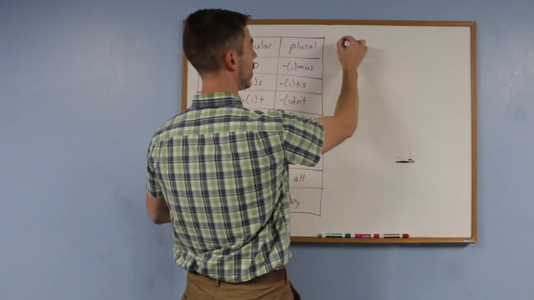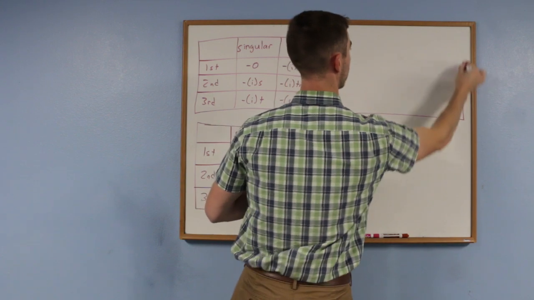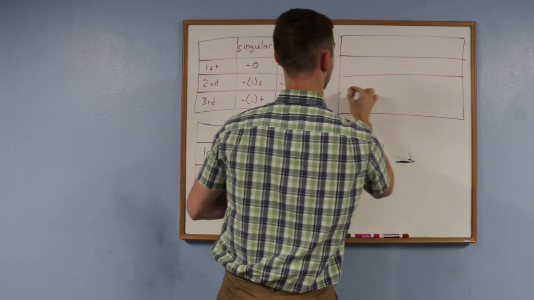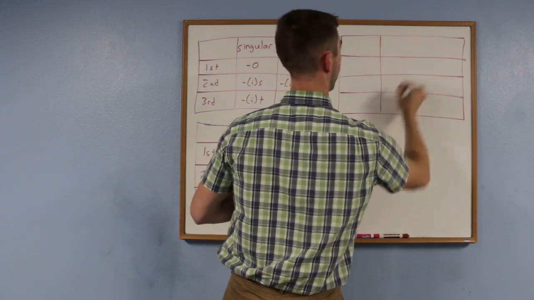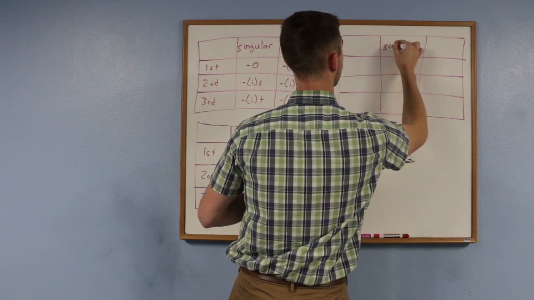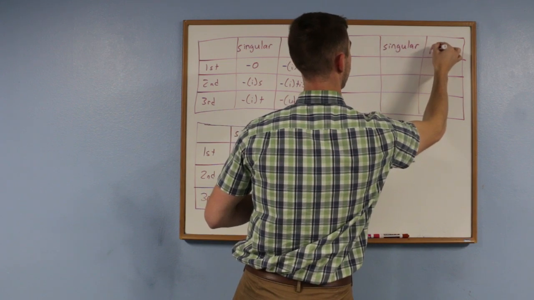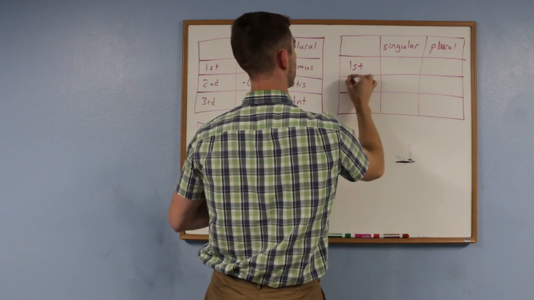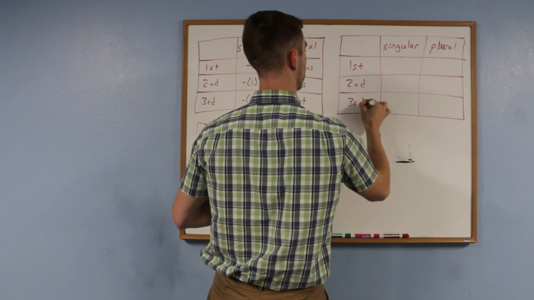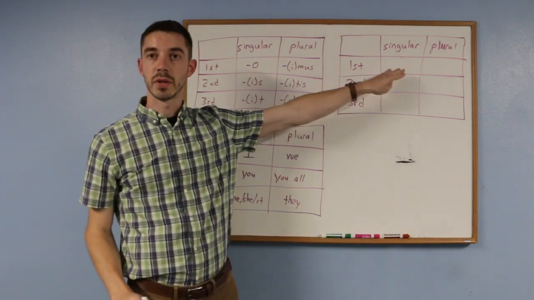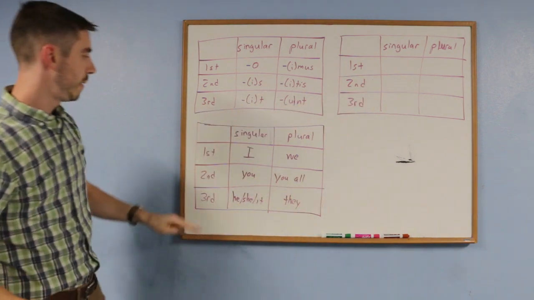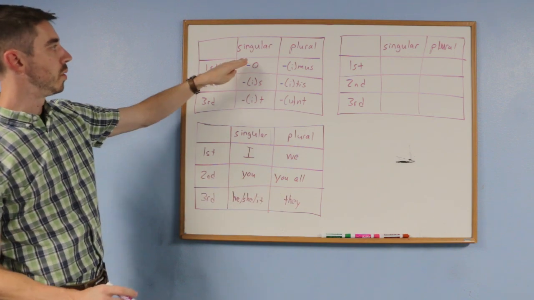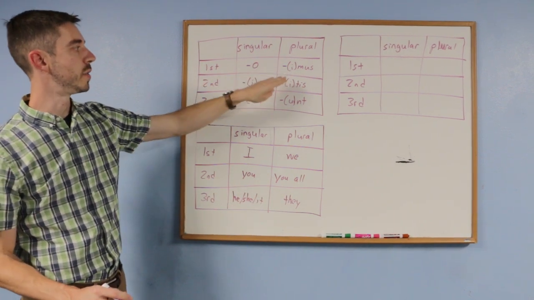Over here, I'm going to write the same thing again. And here is where we're going to practice our different endings, okay? So we've got I, you, he, she, or it, we, you all, they. We've got our endings, o, is, it, imus, itus, unt.